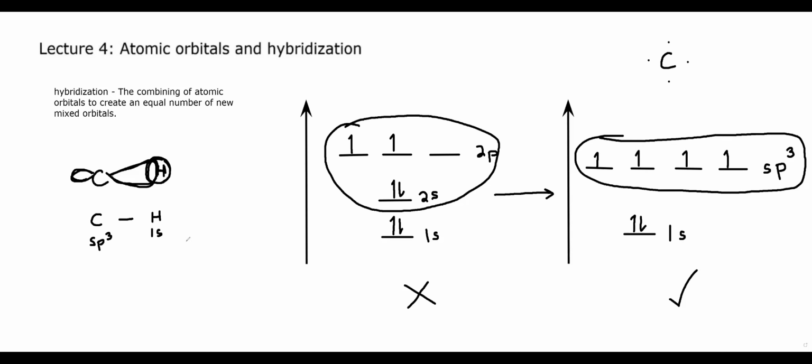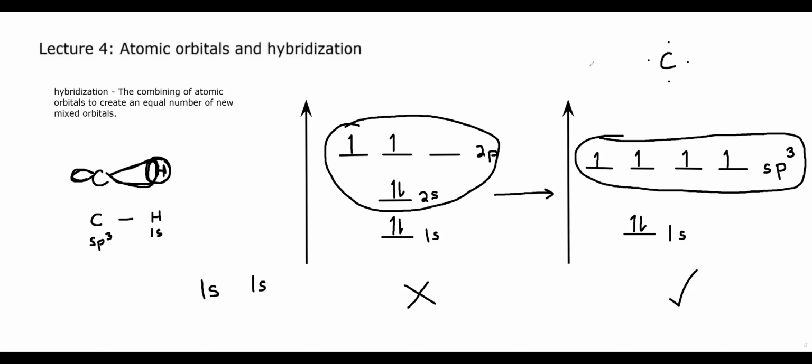You don't need the orbitals to be the same to overlap. You don't need a 1s to overlap with a 1s, right? Any orbitals can overlap as long as the geometry allows them to. So in this case, we have an sp3 orbital overlapping with a 1s orbital.